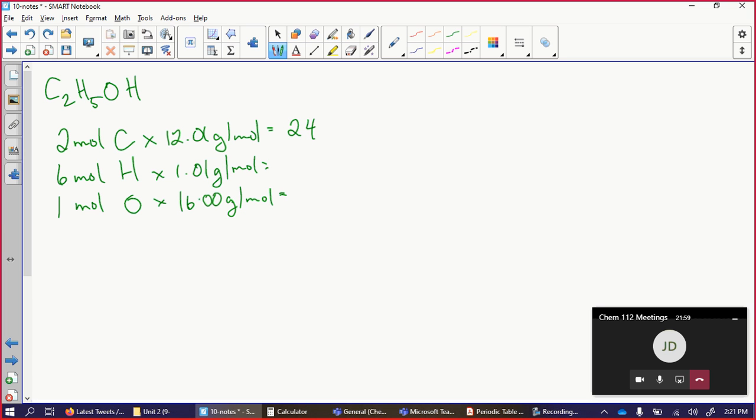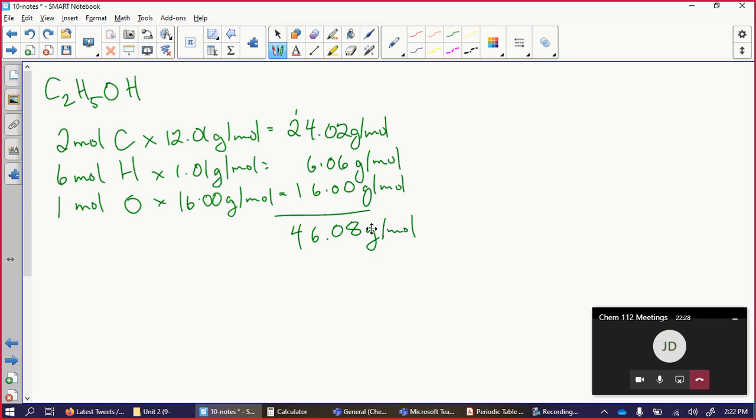So that's 24.02 grams per mole. This is 6.06 grams per mole. 6 and 2 are 8. 0 and 0 are 0. 16. Carry the 1. 46.08 grams per mole.